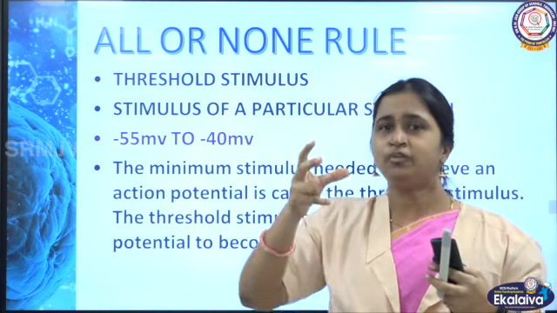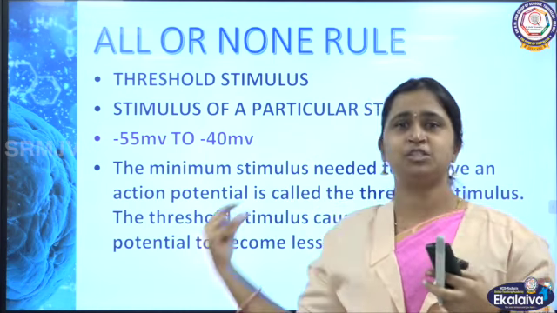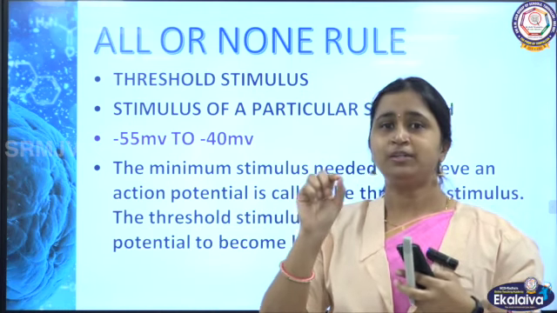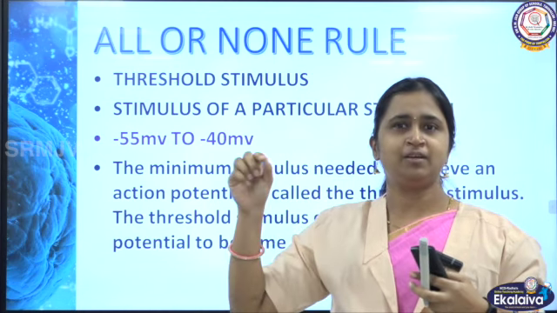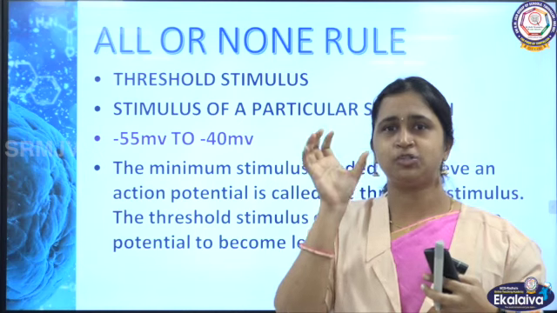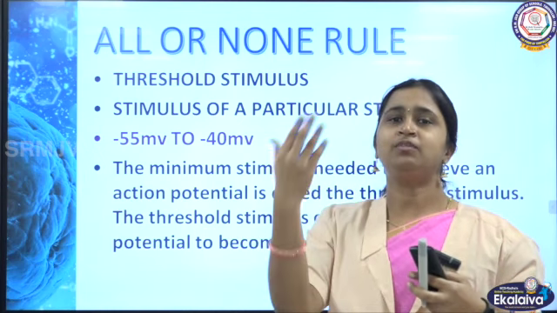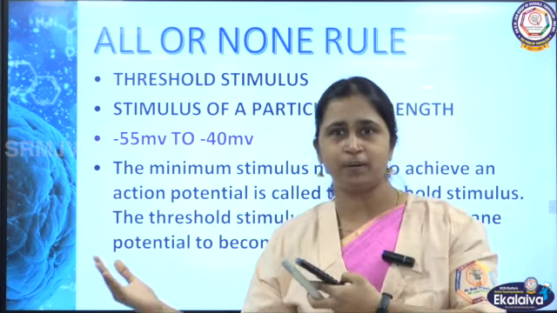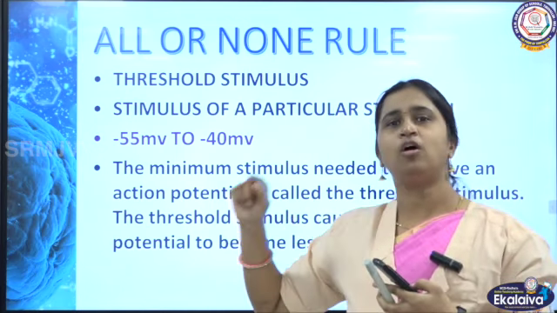You have to give the exact force. The same way the stimulus has to be such that the voltage is minus 50, minus 70, what we are going to learn later. So that correct voltage it has to produce. Then only it will propagate the stimulus. It will accept the stimulus and the stimulus will get propagated. So that you call the all or none rule.